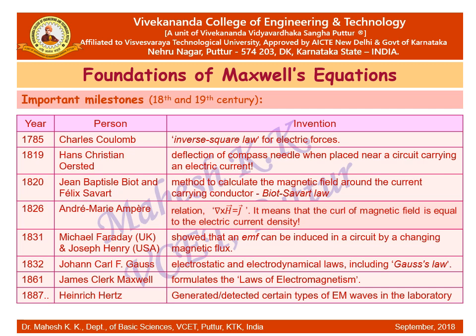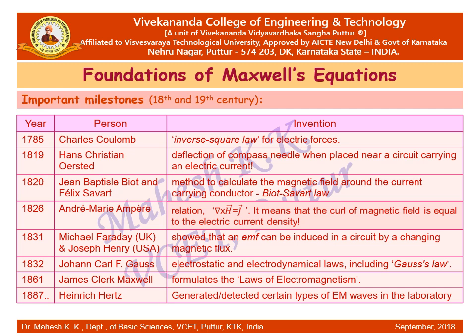Oersted was the first to notice the deflection of a compass needle when placed near a circuit carrying electric current. In 1820, Felix Savart and Jean-Baptiste Biot invented a method to calculate the magnetic field around a current carrying conductor, which later became known as the Biot-Savart law.